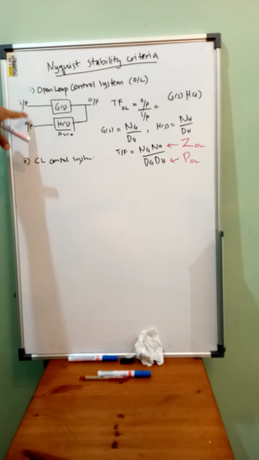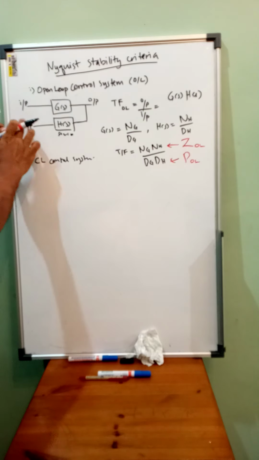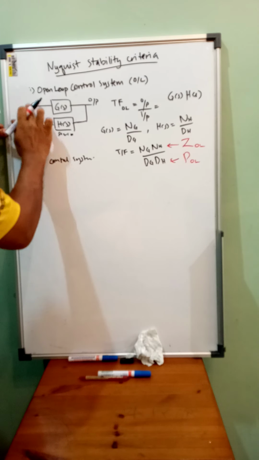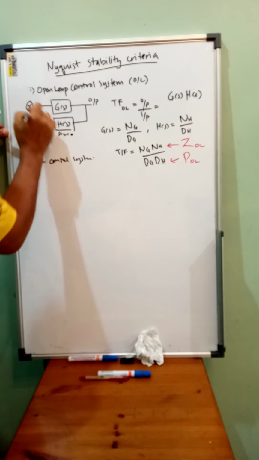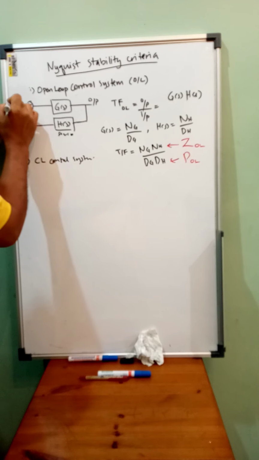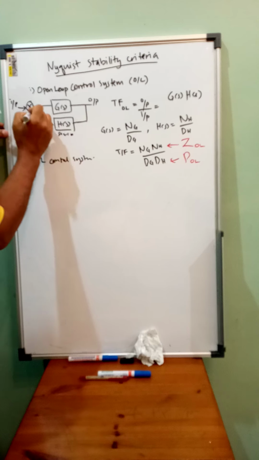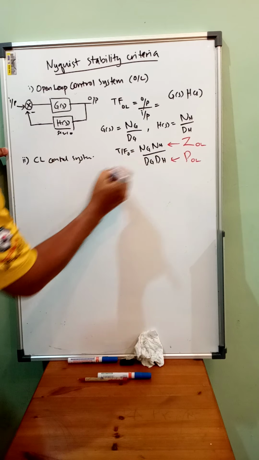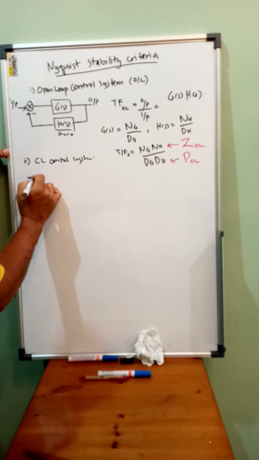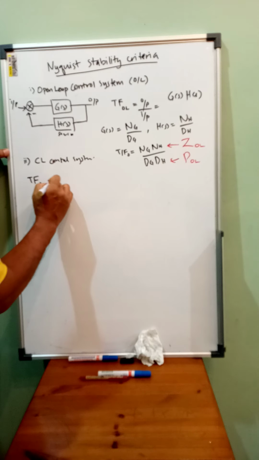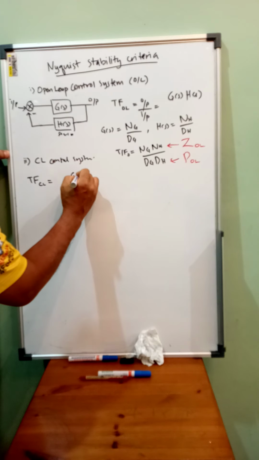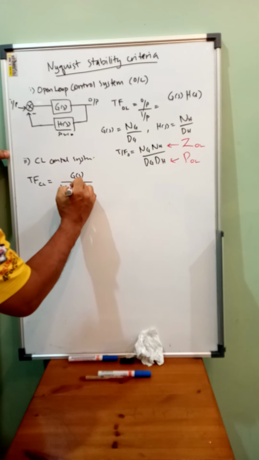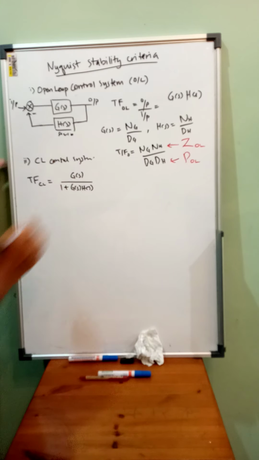So we compare the output with the input, just like this, and our system becomes a closed loop control system. The transfer function for the closed loop is G(s) over 1 plus G(s)H(s).